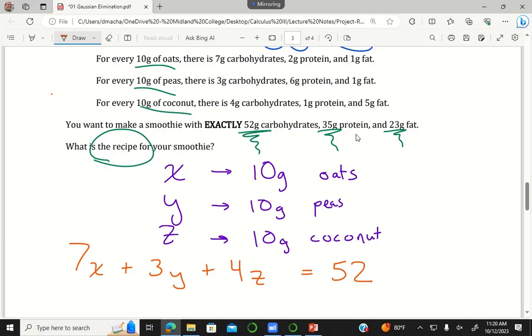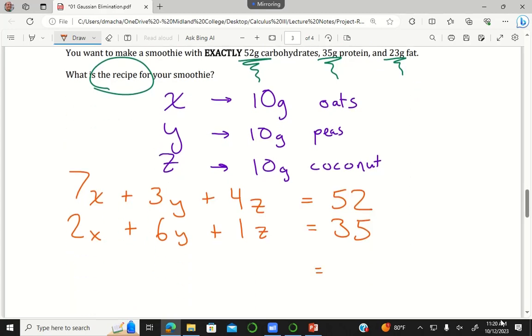Okay, the next equation is going to be 2x plus 6y plus 1z is equal to 35. Yeah, that's my protein target. And then 1x plus 1y plus 5z is equal to 23 because that's my fat target.